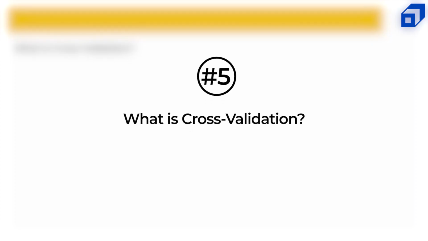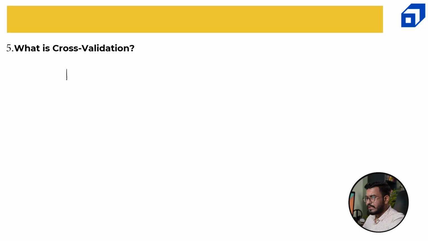In order to understand this, we will first understand the general machine learning process. It starts with the historical data. Please remember that this data will have your various independent variables and the dependent variable.